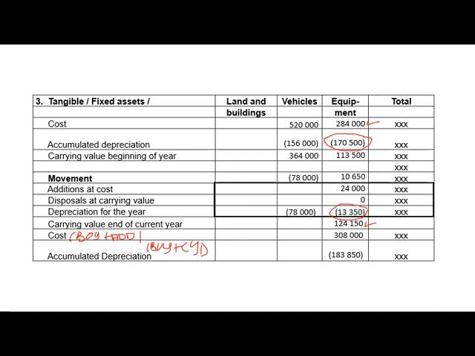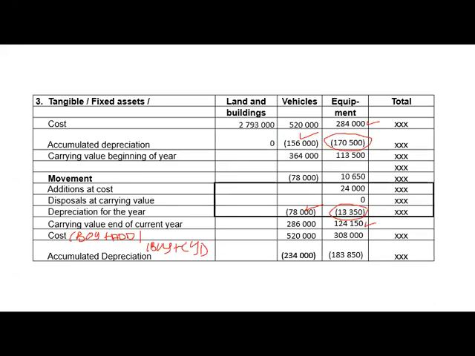And then to determine the cost at the end of the year is still the same. When it comes to accumulated depreciation, it'll be accumulated depreciation at the beginning of the year plus current year depreciation, which will give you 234,000. 520,000 minus 234,000, it'll give you 286,000. Then I'm going to go to my land and buildings.